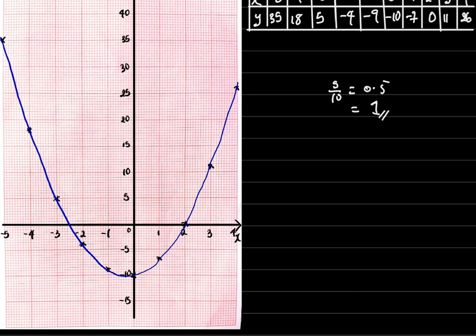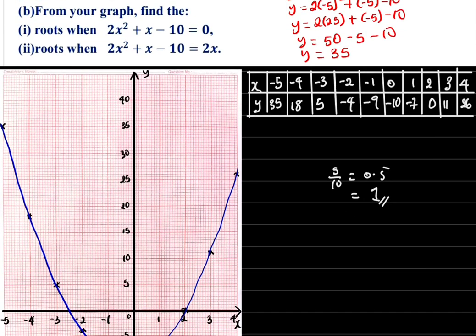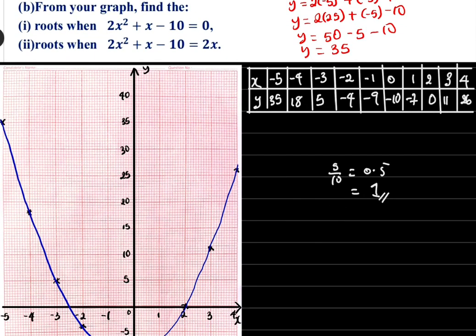Good. So I've gotten my graph. Now I will write this. Okay, this is a graph of y equals 2x squared plus x minus 10. All right, so I'm done with that part.